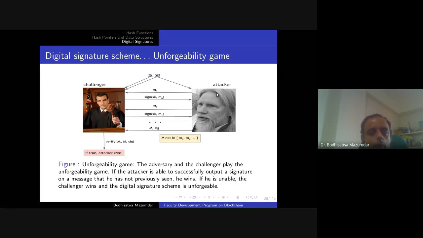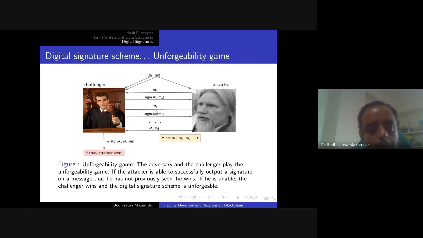So what does the attacker do? He sends the first message M0 to the challenger. As the challenger has the secret key, he uses it to sign the document and sends the corresponding signature. Now the attacker has a signature corresponding to M0.